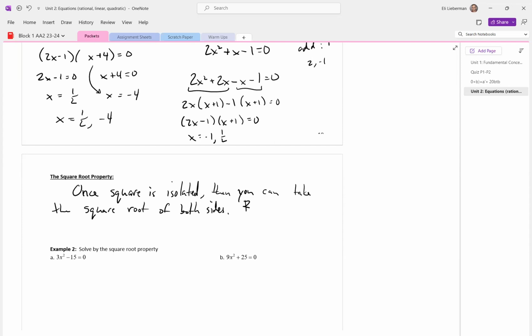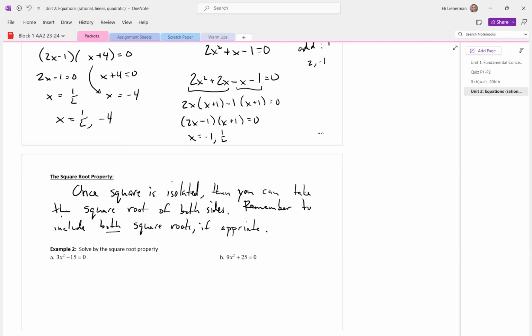Two. Remember? Yeah, plus or minus. Remember to include both square roots, if appropriate.